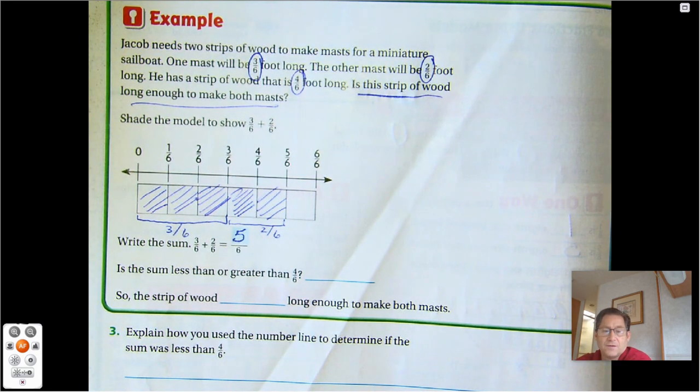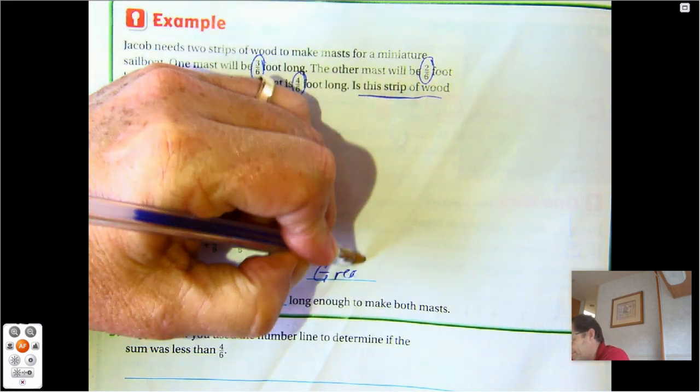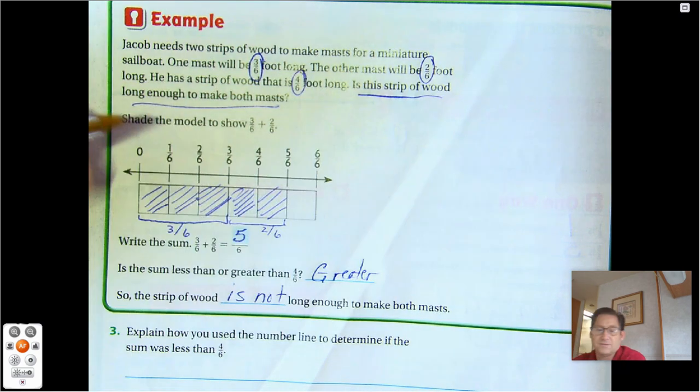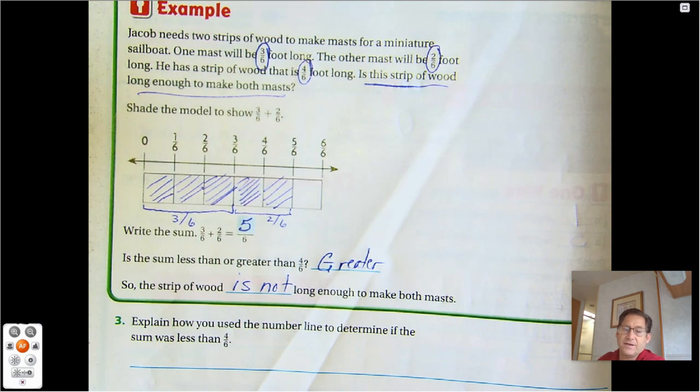Well, is 5/6 less than or greater than 4/6? Well, it's greater than, right? So the strip of wood is not long enough. He needs at least 5/6, and he only has 4/6, so it's not long enough.